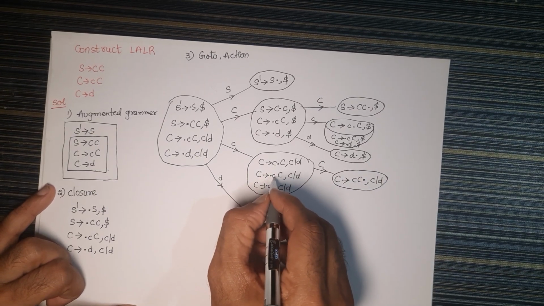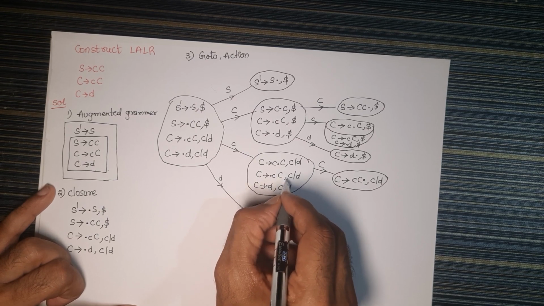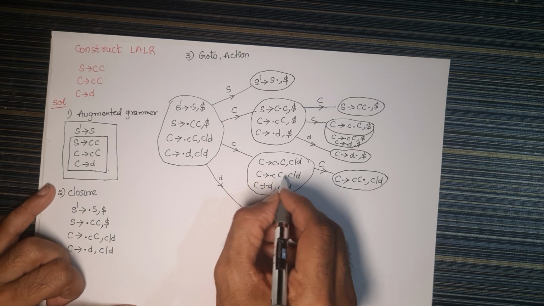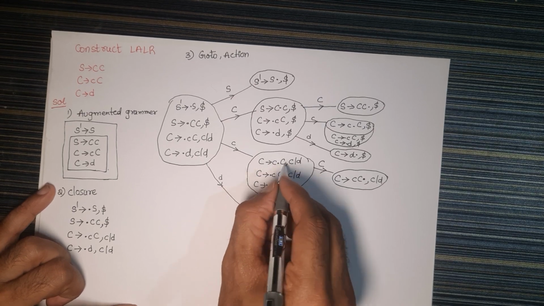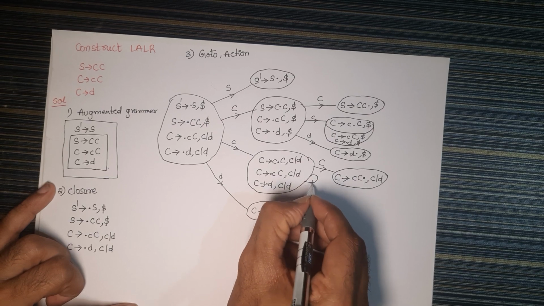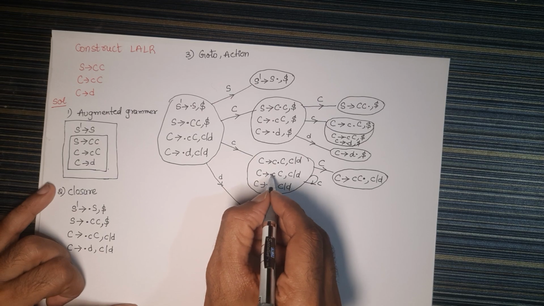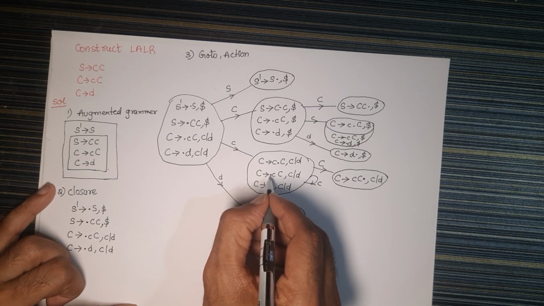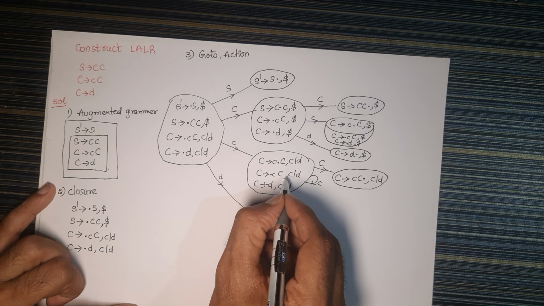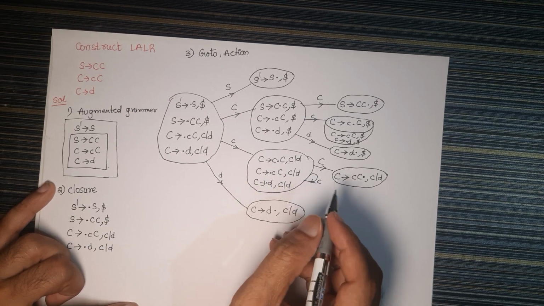So when you see small c, the answer will become C dot C, C by D. But if you see, the answer is here only. That's why we are using a self loop for small c, because if I find the small c value, I am going to get C tends to C dot C comma C by D as it is. So the value is here itself only.